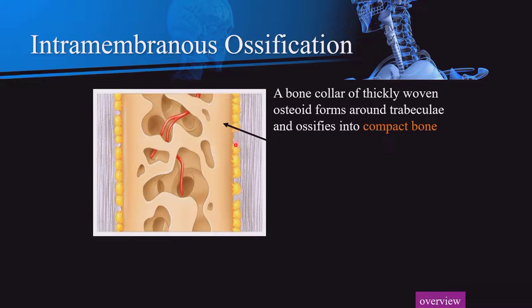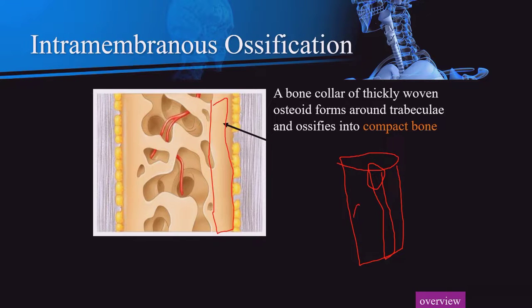Now in this picture, you can appreciate that the thickly woven osteoid, or the accumulation of osteoid, is dense around the trabecular bone that has newly been formed. As I have already talked about in the earlier picture, there was a trabeculae of woven bone, and around this trabeculae now the bone matrix or the thick type of bone collar has been laid down.